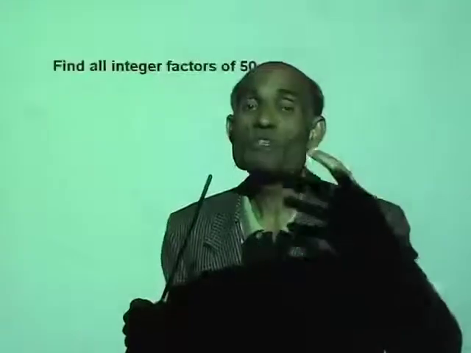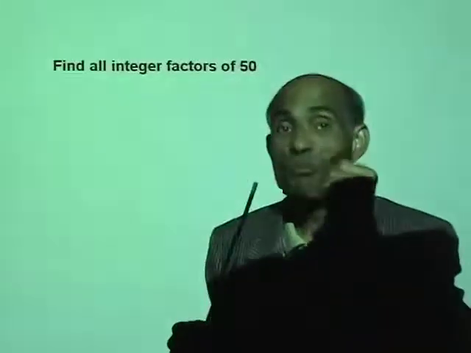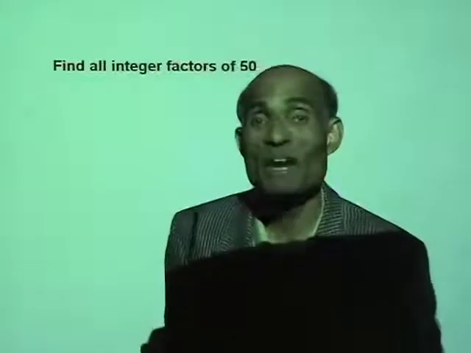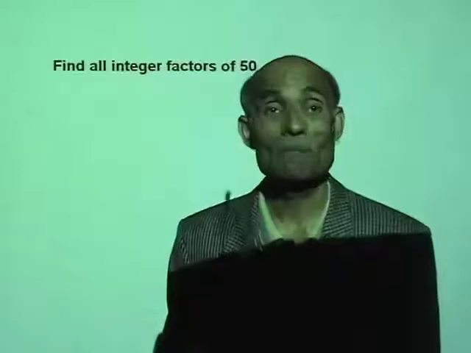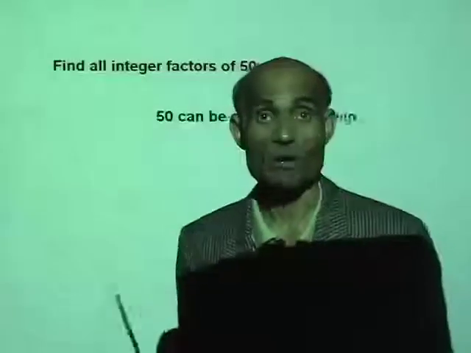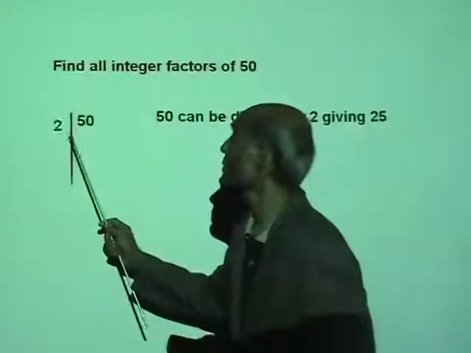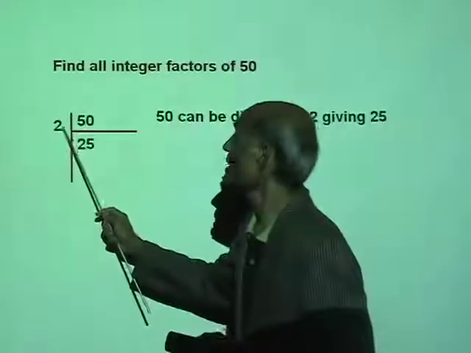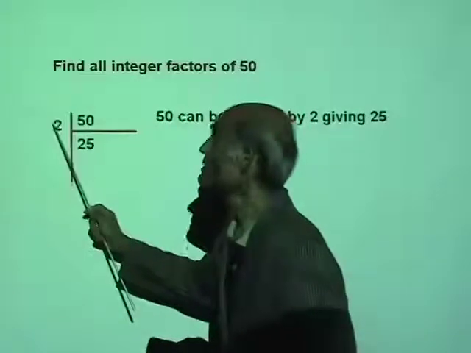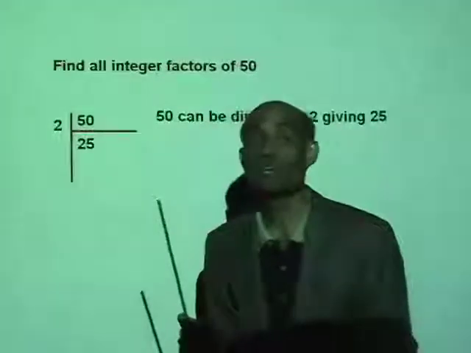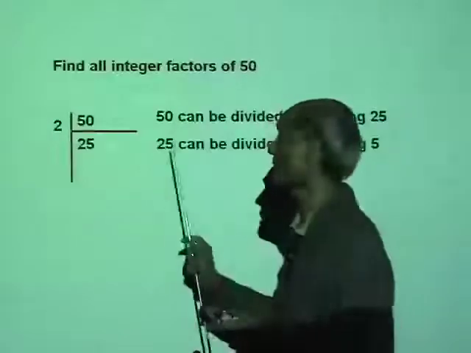Now, you need to figure out what is the smallest number you can divide 50 by. By 2. Alright, so 50 can be divided by 2. 50 divided by 2 is 25. What can you now divide 25 by?